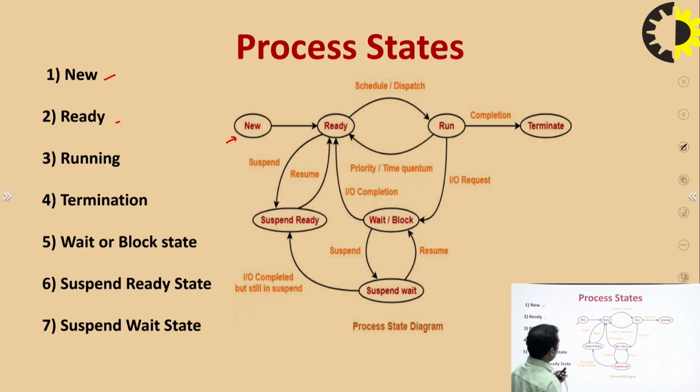In the figure it is clearly illustrated: some process arrives, ready to execute, then the state is new. This is generally in the secondary memory, and the new state is loaded into the RAM to execute.